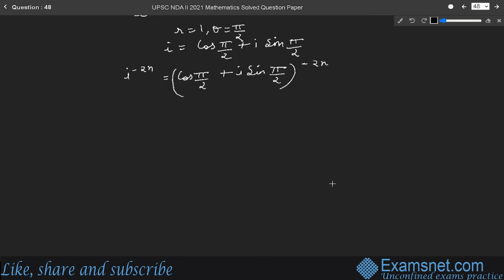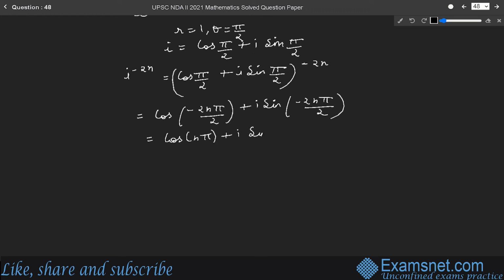On further solving, it will be equal to cos of minus 2n pi upon 2 plus i sin of minus 2n pi upon 2, which will be equal to cos n pi plus i sin n pi.